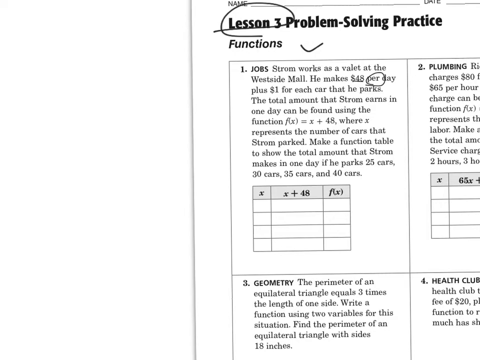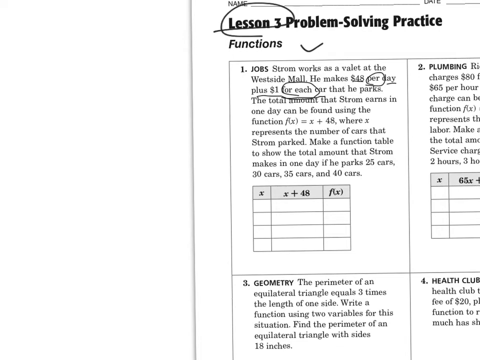But because of the way they wrote the problem, it's plus $1 per car that he parks. So when you read that whole sentence, you should be inserting the word per right in here, where it says for each car, he's getting plus $1 per car that he parks.